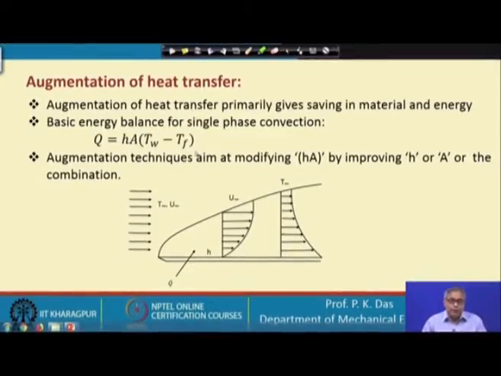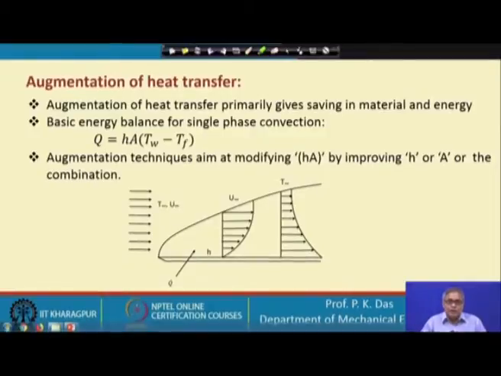So, you see in this equation, let us say we want to maximize Q, our T_w and T_f are fixed, then we have these two quantities H and A. H is the heat transfer coefficient and A is the surface area.